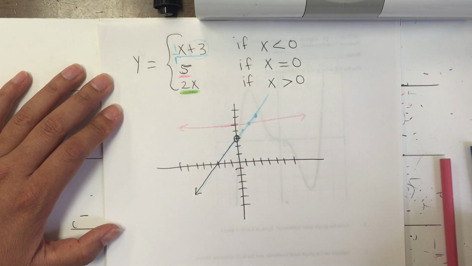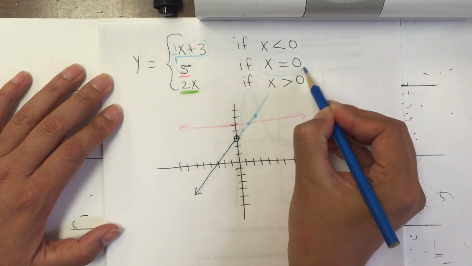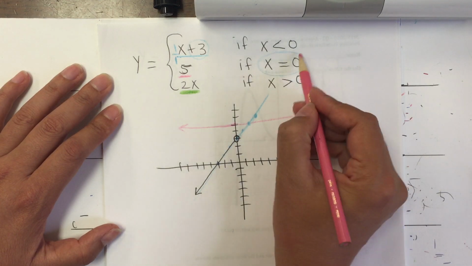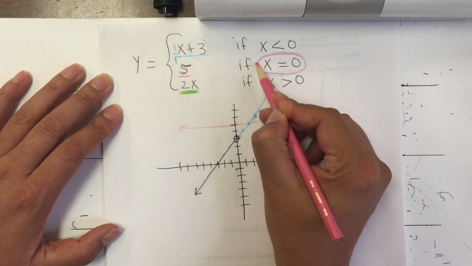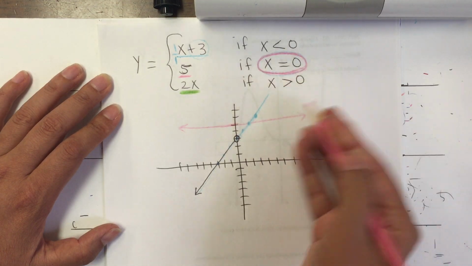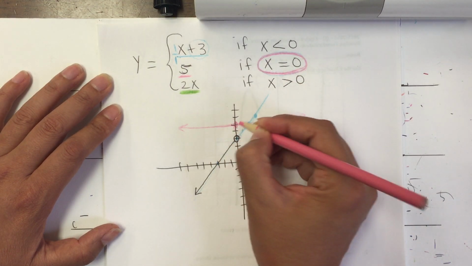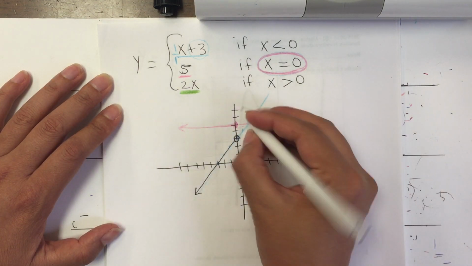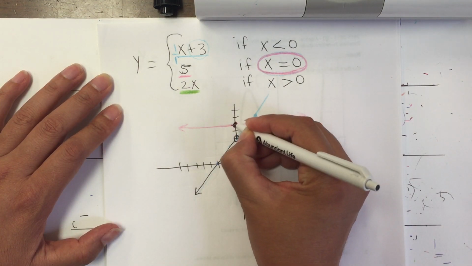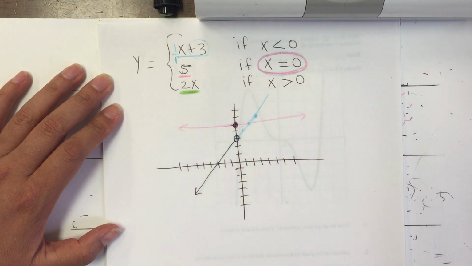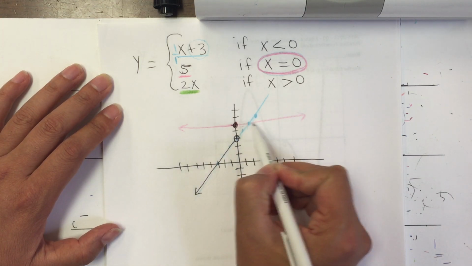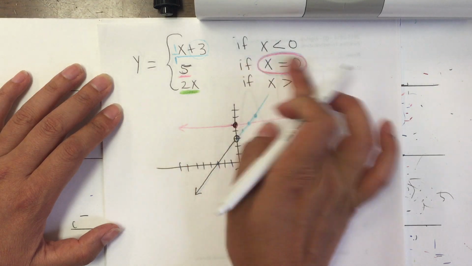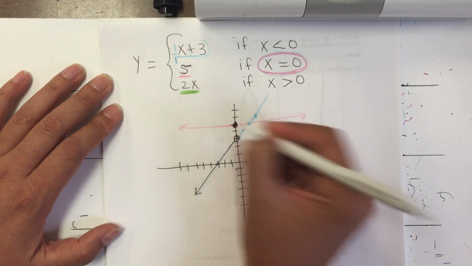However, this limits me to only the point, and I should be circling with the same color, only the point when x equals 0. So this means only this point. So I'm going to put my circle in here, and basically that's it. This is not part of my graph because this is limiting me to only this point.